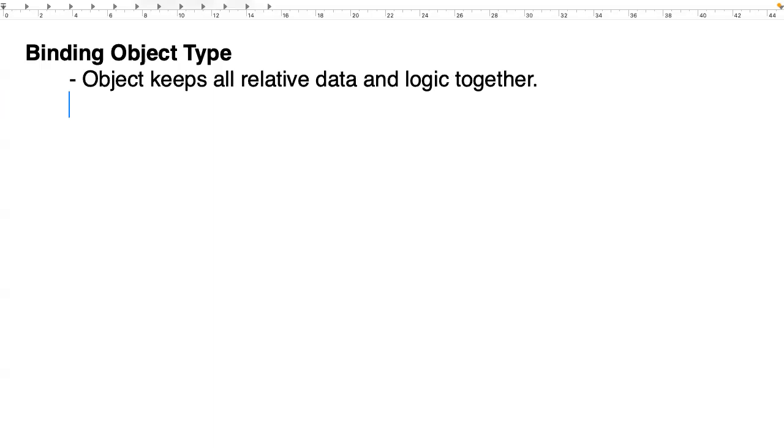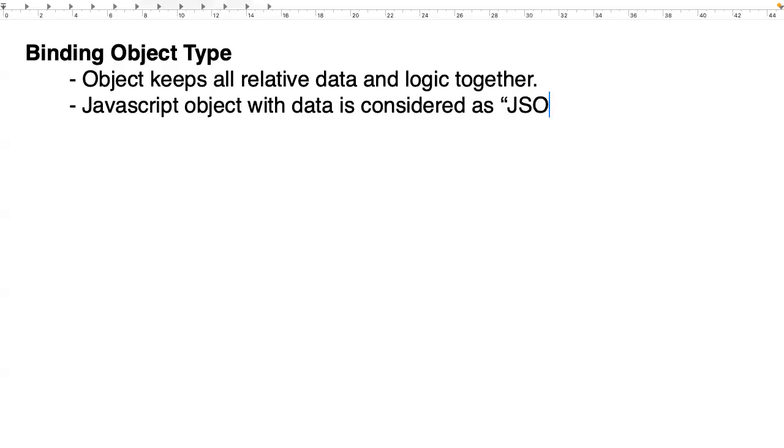Object keeps all related data and logic together. And a JavaScript object with data is considered as JSON, JavaScript Object Notation.